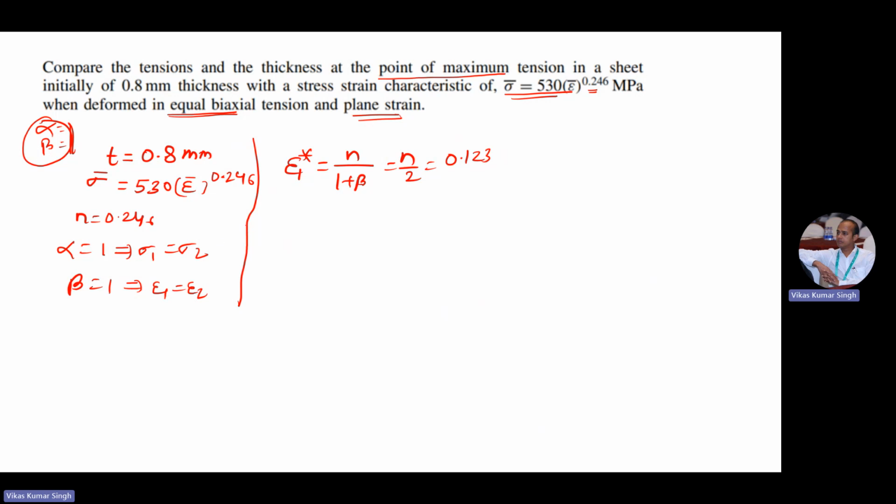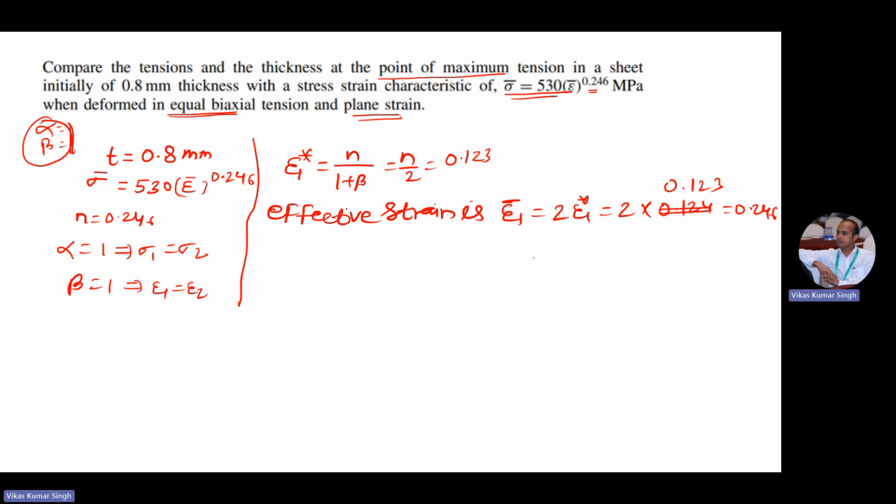So the effective strain is 2 into epsilon 1 star at the point of maximum tension, and this is going to be 2 into 0.123, and this value is going to be 0.246.